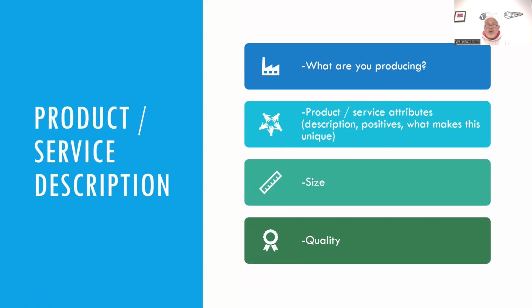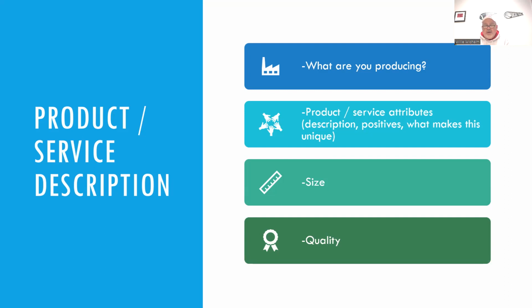A marketing plan talks about what you are producing, whether it be a certain type of auto part or a certain type of good, or something in the service industry like a hair salon, nail salon, or restaurant. In this marketing plan, you're going to describe your product and service attributes.